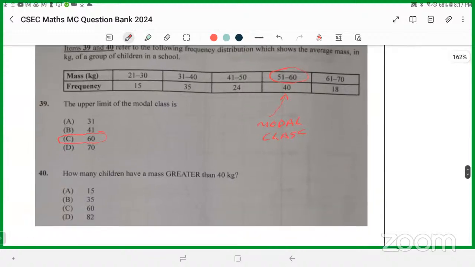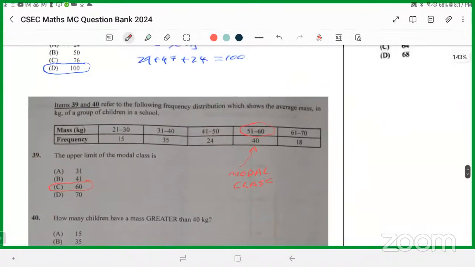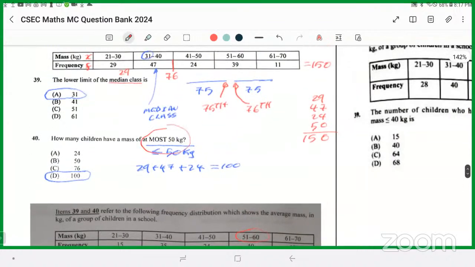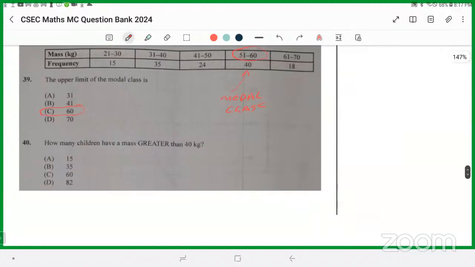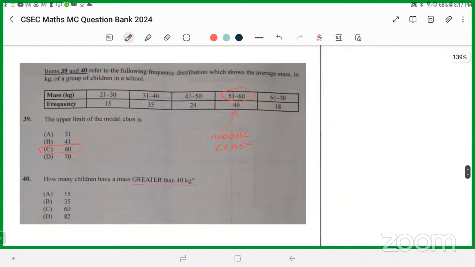How many students have a mass greater than 40 now? A while ago they said at most 40, at most 50. Now they say greater than 40. So mass greater than 40. So 40 stops here. So the ones that are greater than 40 are these.